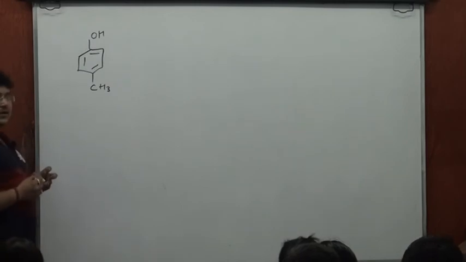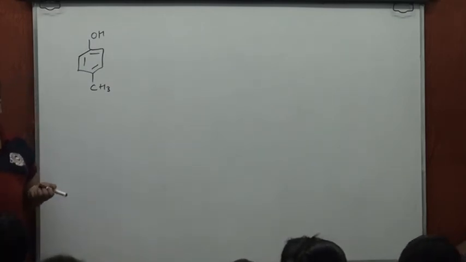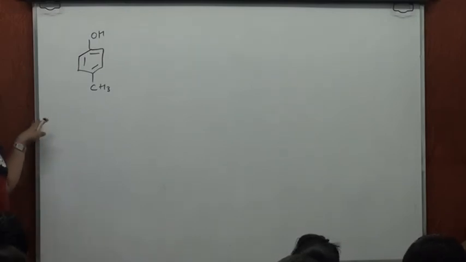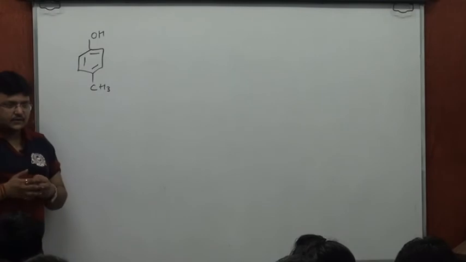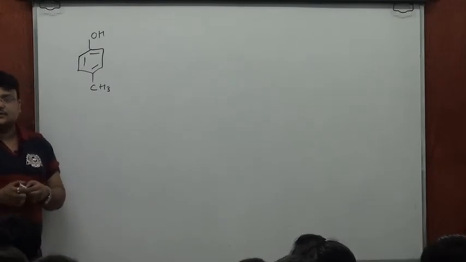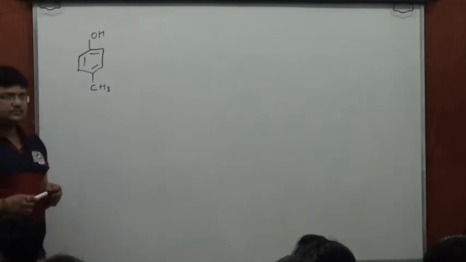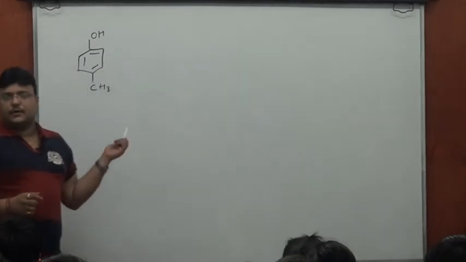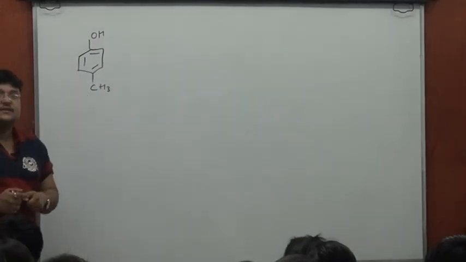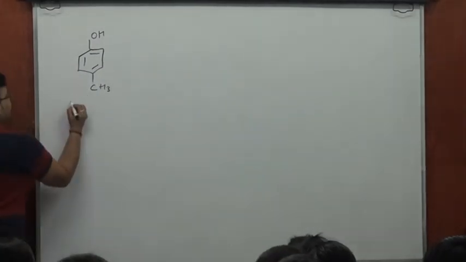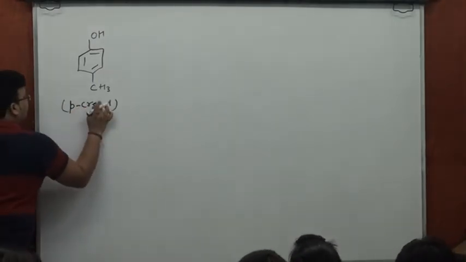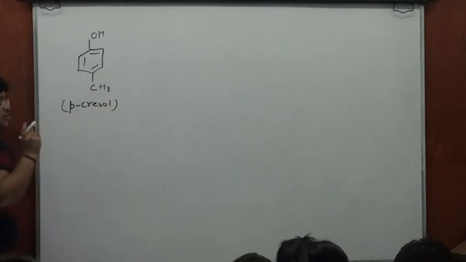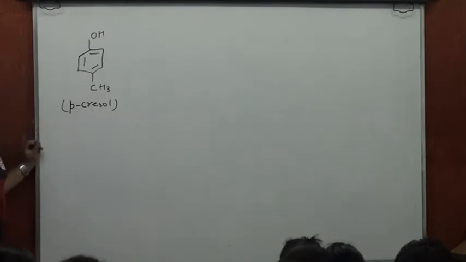Now what are these compounds called, with OH and CH3 in the same ring? Not anisole. They're called cresols. In this case, it's paracresol. They're called cresols. Okay?